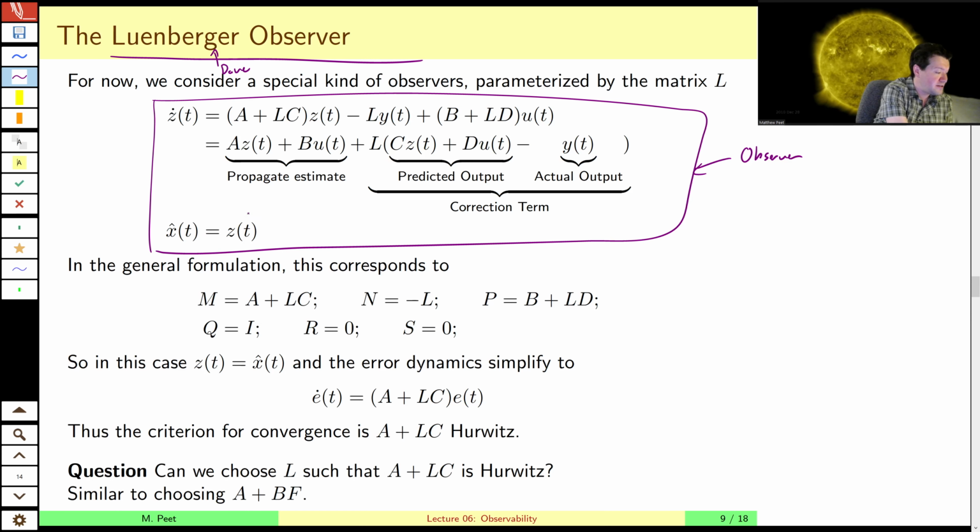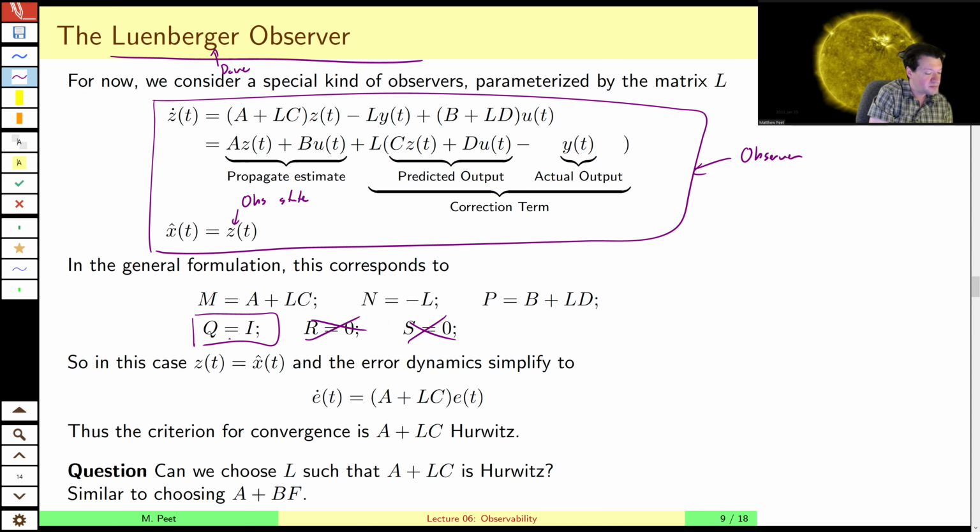So this is the observer state, and there's no difference in this class of observers between the observer state and the estimate of the state itself. They're the same thing. So that gets rid of those three parameters right off the bat. In this case, this parameter is 0, this parameter is 0, and this Q is just the identity matrix. So those three extra parameters don't really factor in.